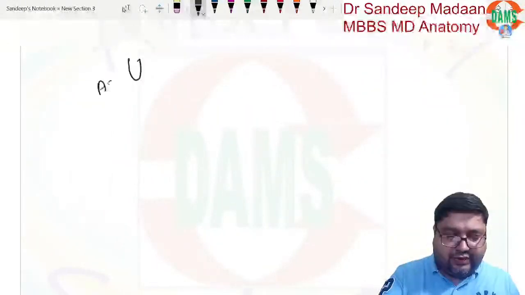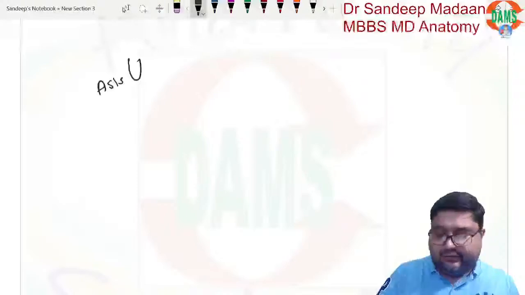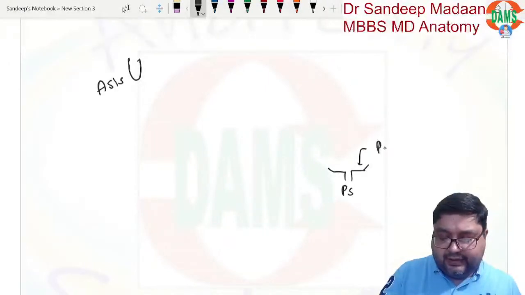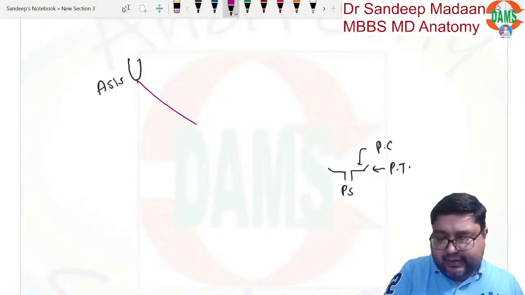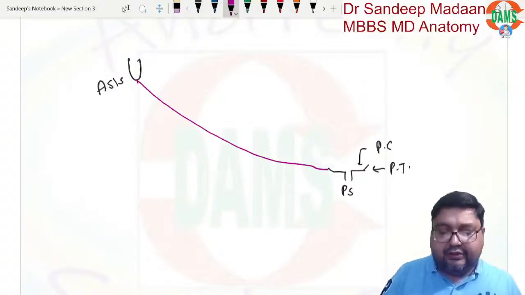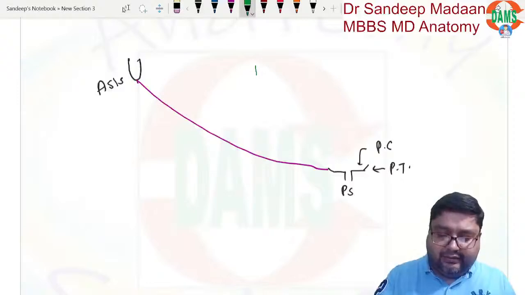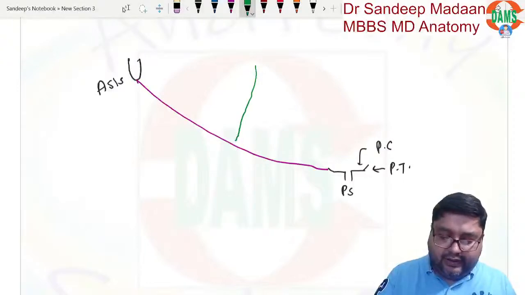So we have ASIS, and this is the pubic symphysis, pubic crest and pubic tubercle. Between the ASIS and pubic tubercle we have the inguinal ligament, and from above we have the femoral nerve entering over here.